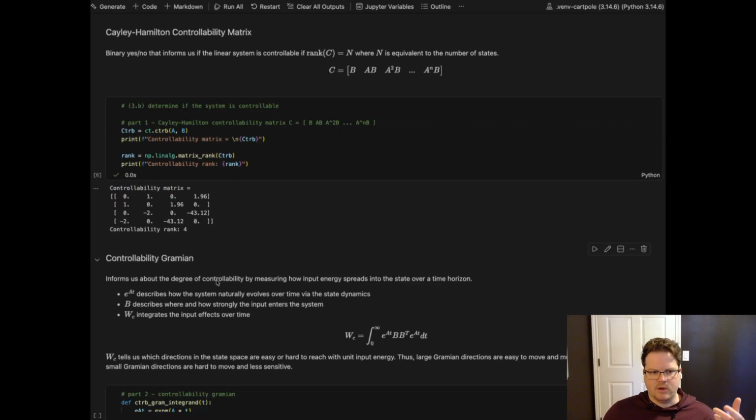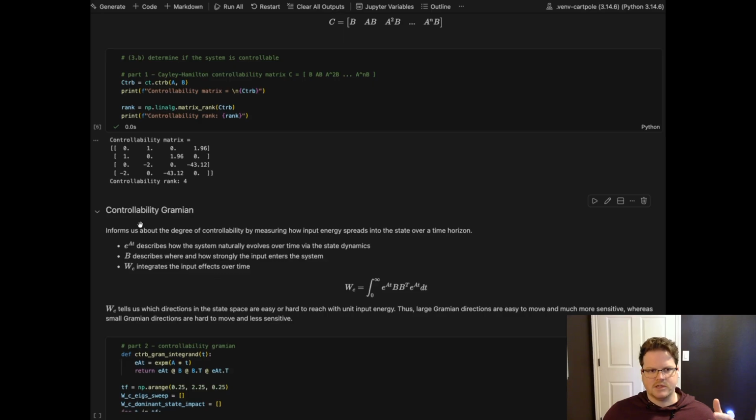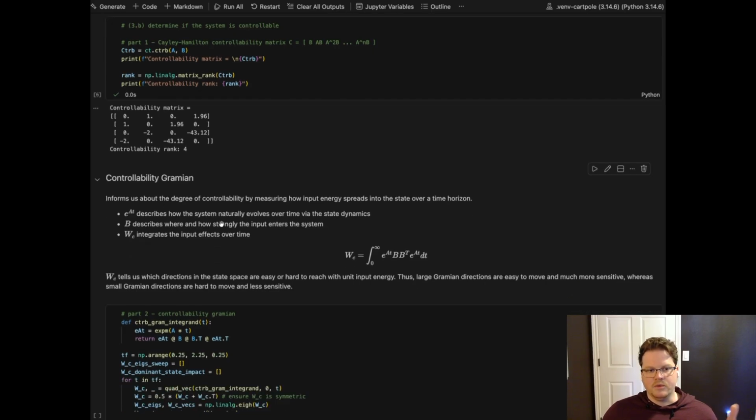And so that's what we go into in this next part, which is the controllability gradient, which is important because this is essentially a little bit of the bedrock for state feedback moving forward, because it does give us this degree of controllability that we want to understand about the system. So what do we mean by this?